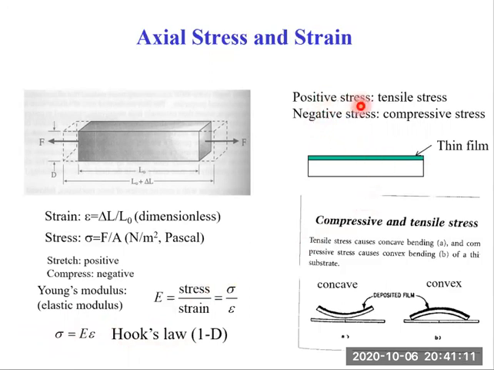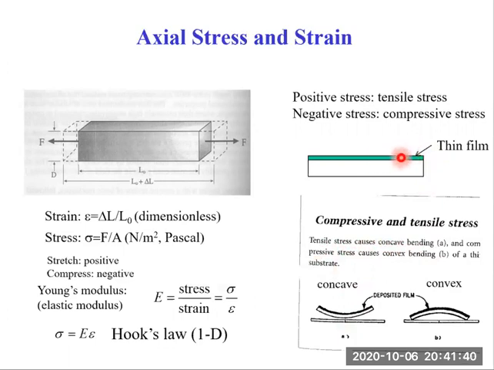Note that positive stress is also called tensile stress. Negative stress is called compressive stress. It's very easy to understand that tensile stress causes concave bending. If a thin film has tensile stress, it tends to shrink.